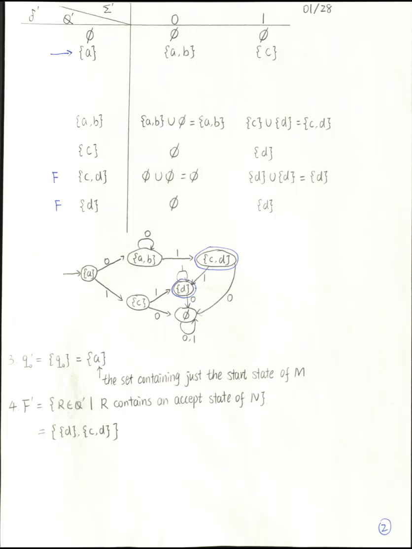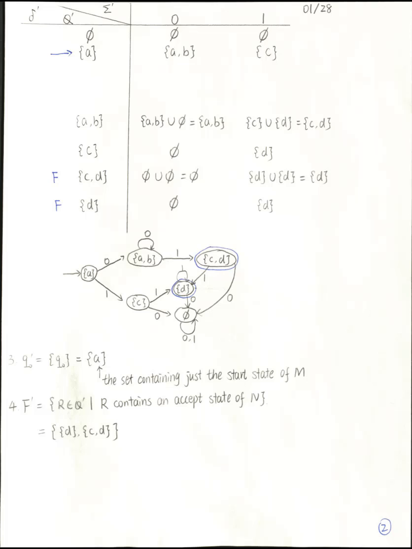The start state of this DFA is going to be the set of states in this NFA that can be reached from the start state of this NFA without consuming any symbols. So in this case, the start state will be the set containing only the start state A of this NFA, because by consuming nothing, I can only reach A. All right, that's my start state.